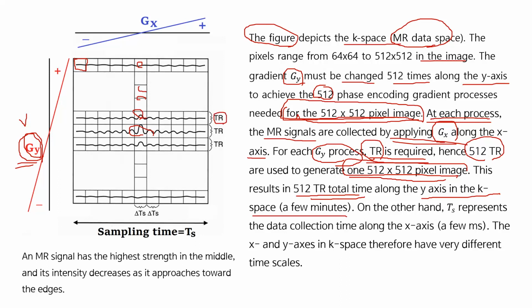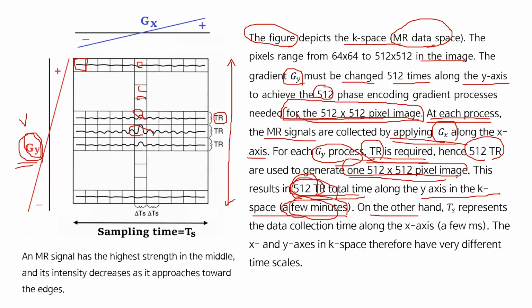So if we do the Fourier encoding gradient process 512 times, then total time needed to fill this K space is 512 TR. And time for the y-axis is thus 512 TR. This corresponds to about a few minutes.